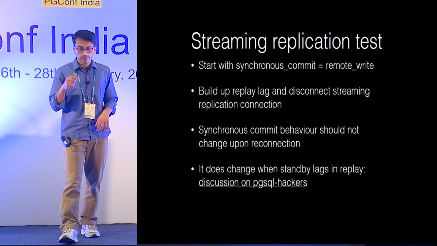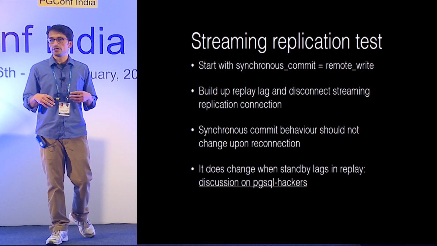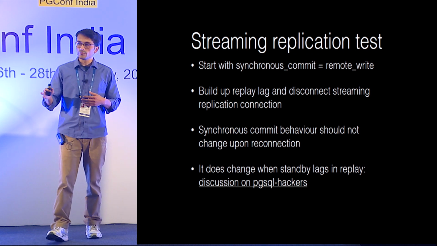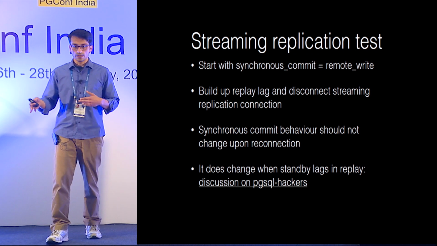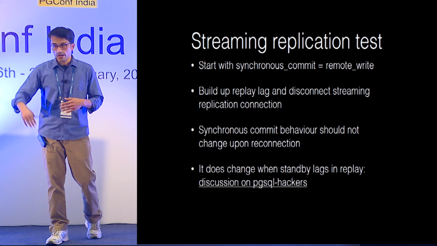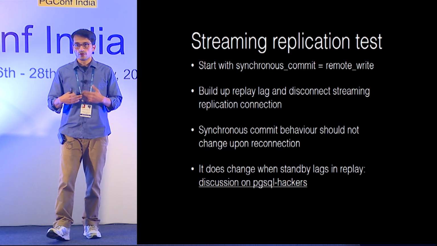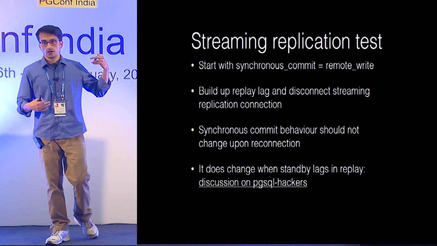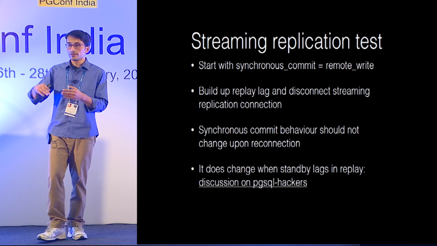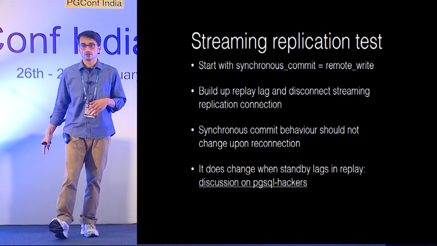Okay. The other test is a streaming replication test, and it relates to the bug that we talked about earlier. If you have synchronous replication set up, and there is a replay lag built up on the standby, and the replication connection breaks and is re-established, what happens is the commits keep blocking on master until the standby finishes replaying all the WAL.